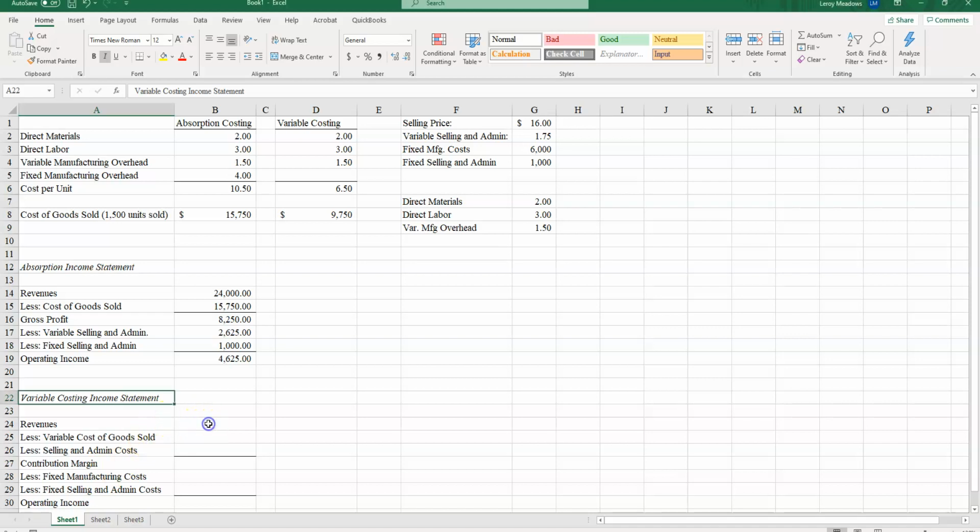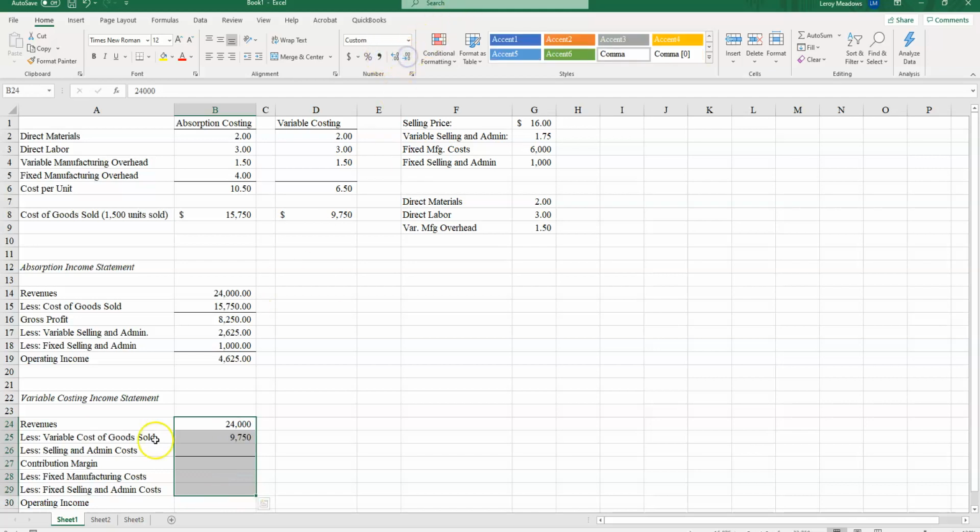Okay, so let's take a look at revenue. And our revenue we already calculated up here is 24,000. And what was our variable cost of goods under variable costing? It was 97.50. Minus our variable selling and administrative costs.